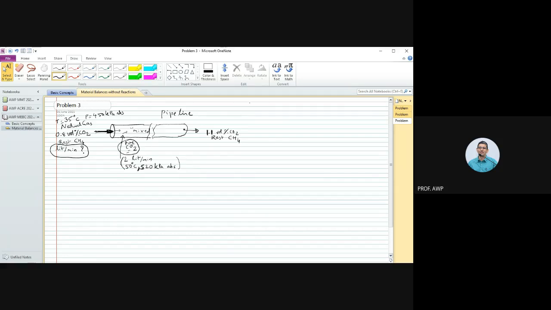Understood? Yes or no? Yes, sir. In terms of liters per minute, this is what you have to calculate.